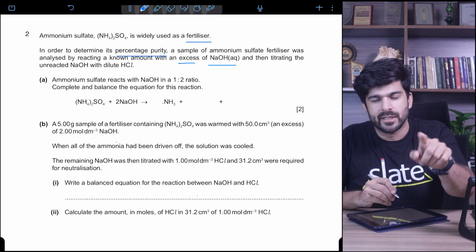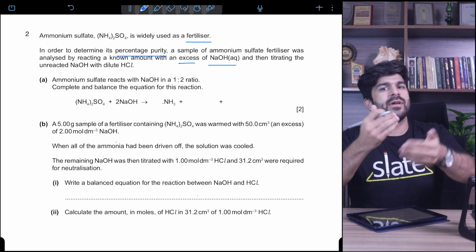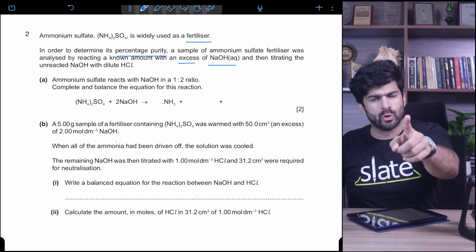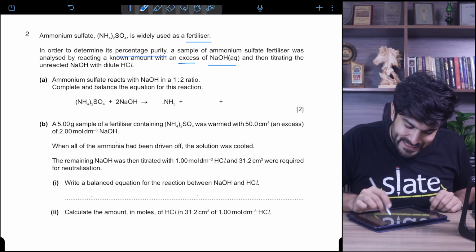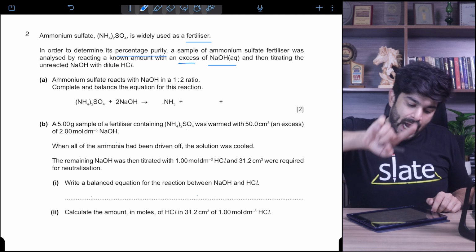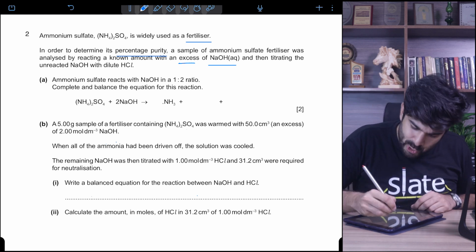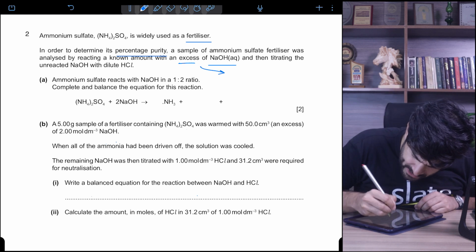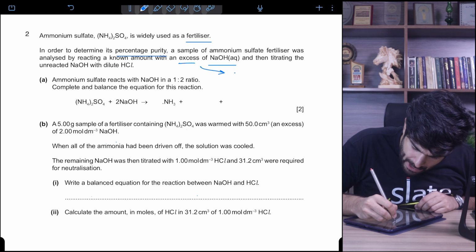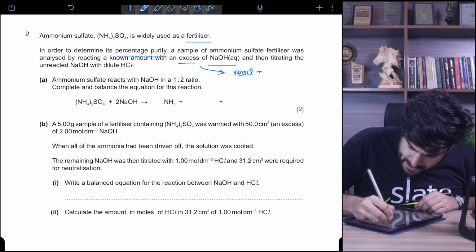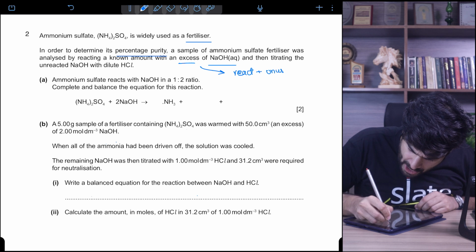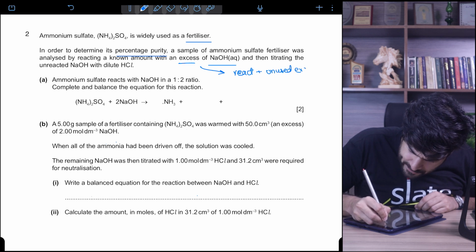They've told you themselves. But now we have to calculate. We'll look into those questions later. And then titrating the unreacted NaOH. So if we have an excess of something, a bit would react, and the rest would be unused, excess or unreacted.